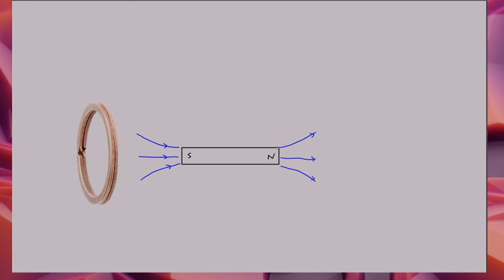I'm going to add a loop here. There's a north to south, and I have enough room to add another line. The magnetic field through the loop, in this specific case, is going to point to the right. So here's the blue field. The blue field points to the right.